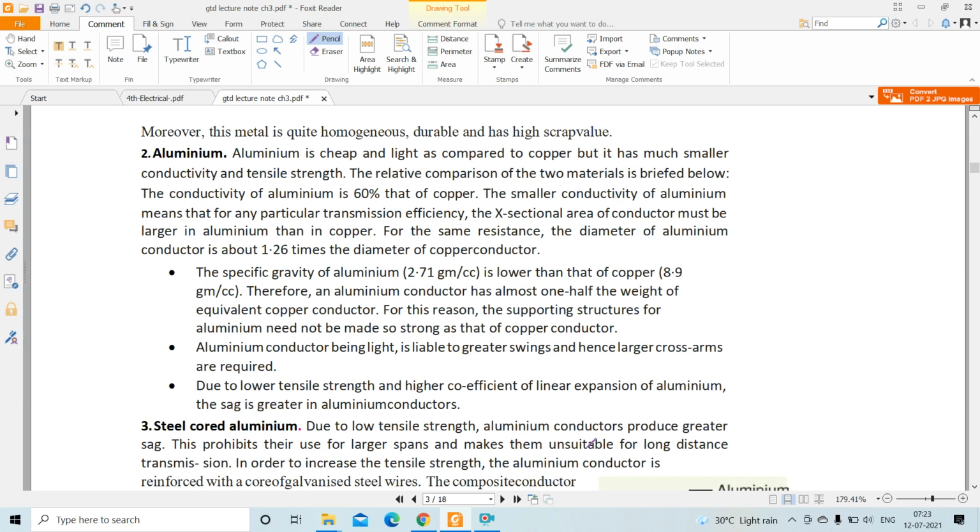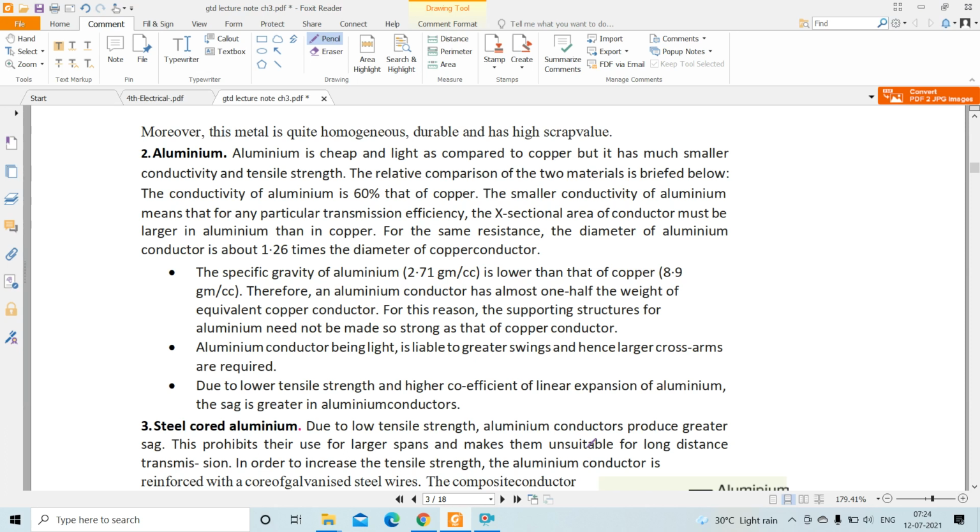If the conductor quality is reduced and we want to change the conductor material, we can't throw the copper conductor away like this. We can sell it, because it has high scrap value.